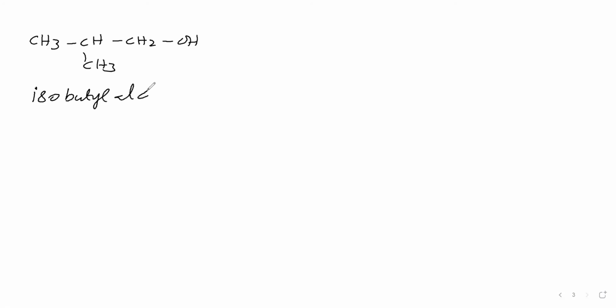And OH is called alcohol. For isobutyl, remember that the secondary carbon should have 2 methyl groups, and then the functional group should be present at the primary carbon. Then only can we say isobutyl.